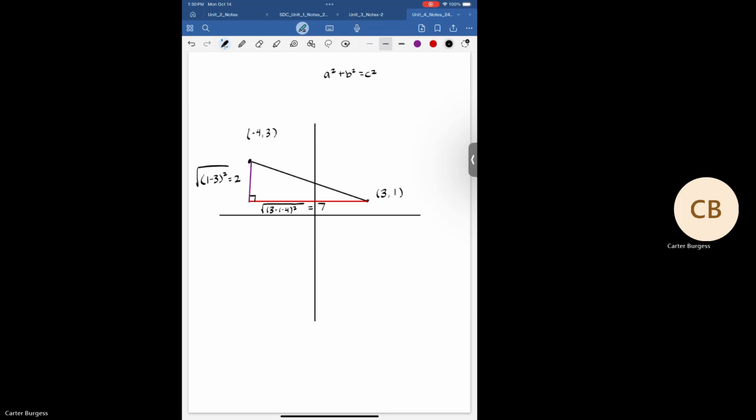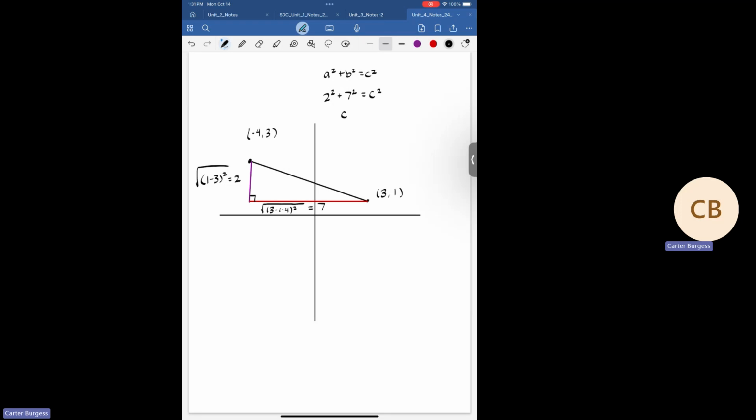Okay. And so our Pythagorean theorem here, a squared plus b squared equals c squared, we have that a is 2, that b is 7, is going to be equal to c squared. 4 plus 49 gives me 53, and ultimately I'm not looking for c squared.